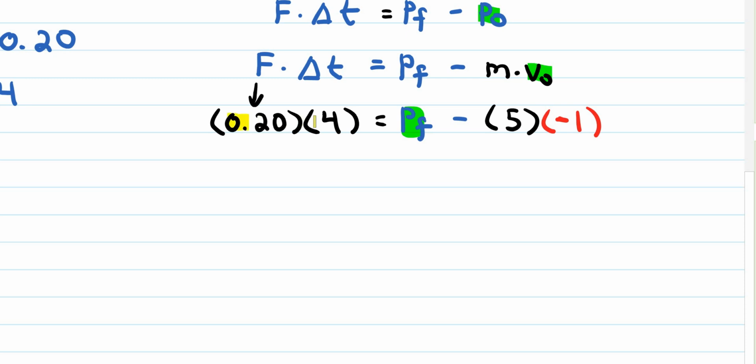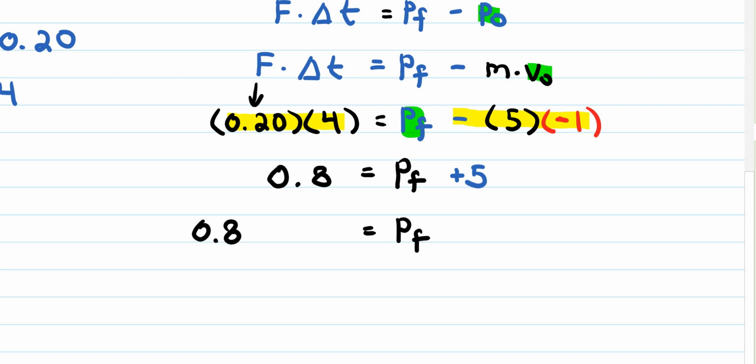If I multiply 0.2 times 4, we get 0.8 equals your final momentum. And then if I multiply -5 times -1, I get +5. Okay, so if we figure out the magnitude here, I have 0.8, the magnitude of the final momentum, and then I can subtract the 5.